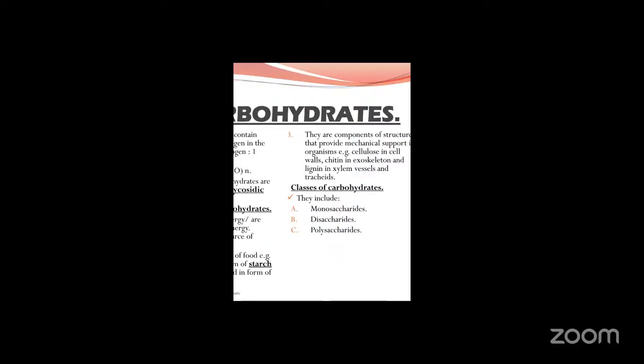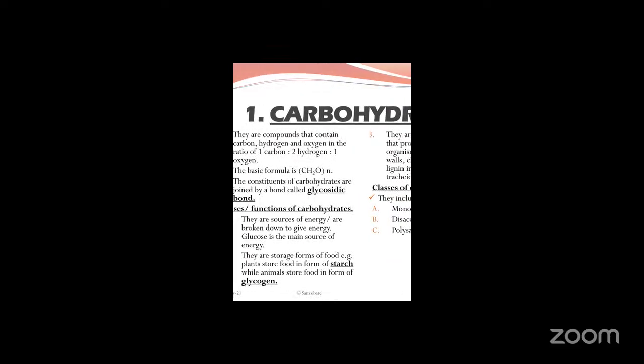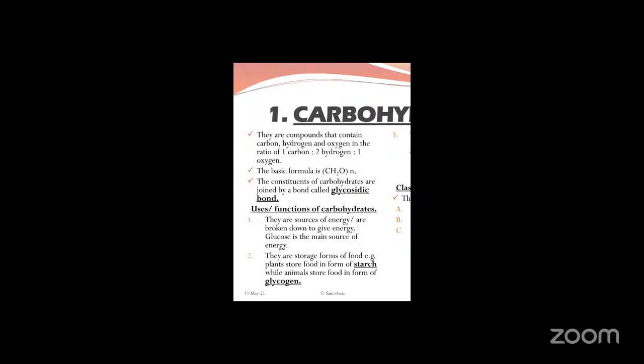Now that we know what carbohydrates are, compounds made of carbon, hydrogen, and oxygen in the ratio of 1:2:1 respectively, and that carbohydrates are used to provide energy in the body, and of course they are storage forms of food.